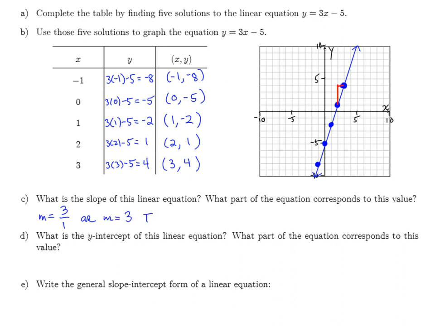So the slope is 3. And looking at that equation, I see that the coefficient on x is 3. So this is corresponding to the coefficient on x, and that pattern will always hold.